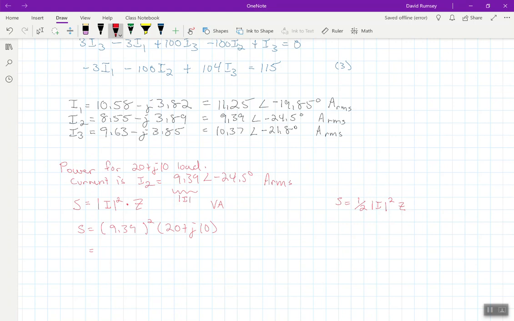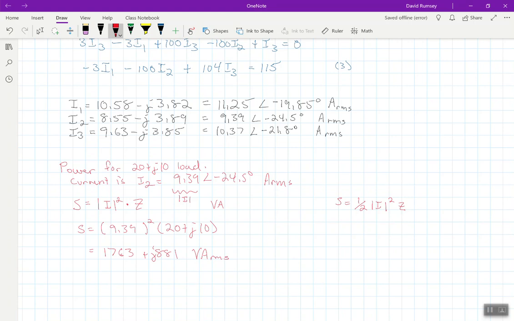And if we do that computation, I get 1,763 plus 881 J volt amp RMS.